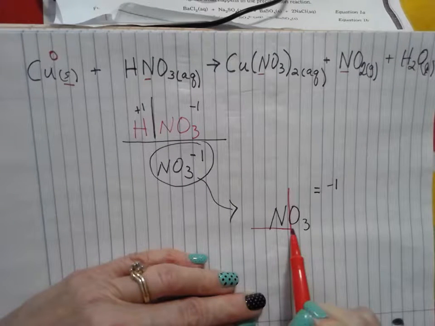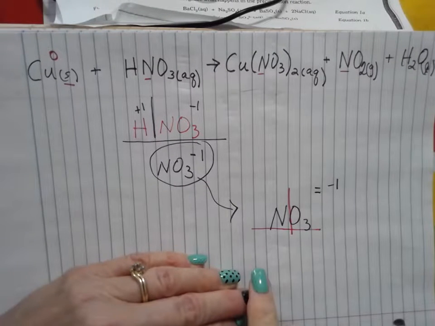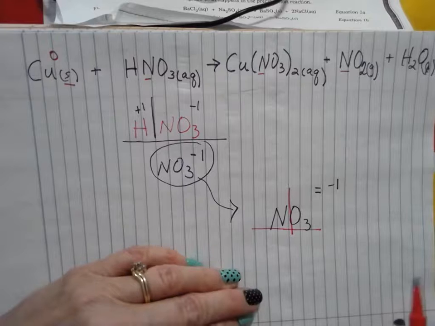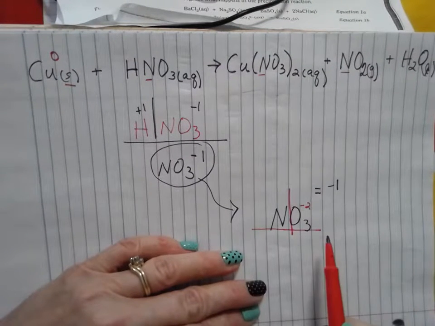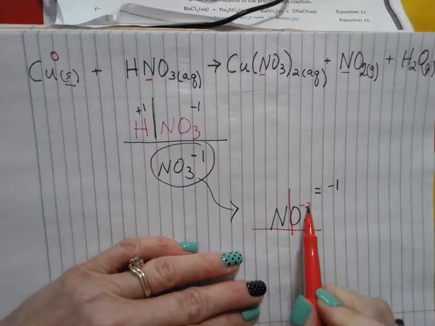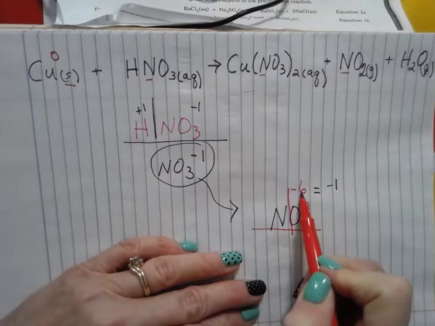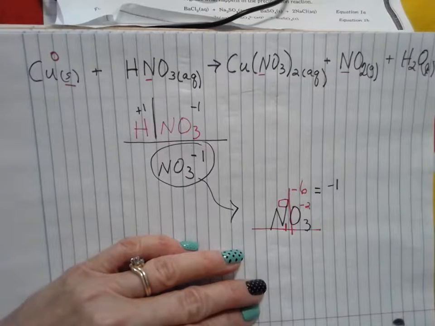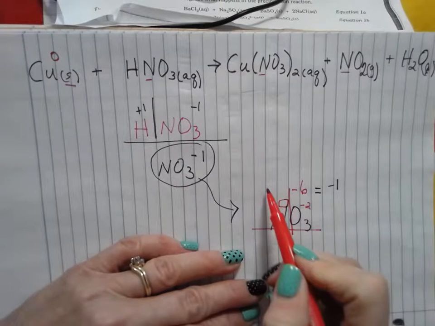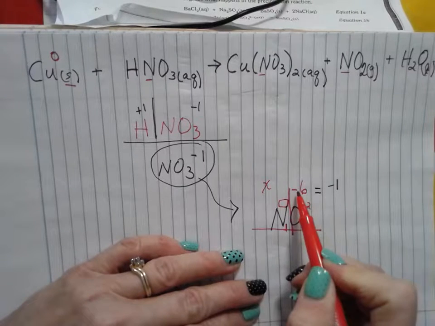So every oxide is going to have -2. I've got 3 of them, so 3 times -2 makes this. Okay, now I don't know what the charge on that is, but I do know I've got 1 of them. So x minus 6 equals -1.